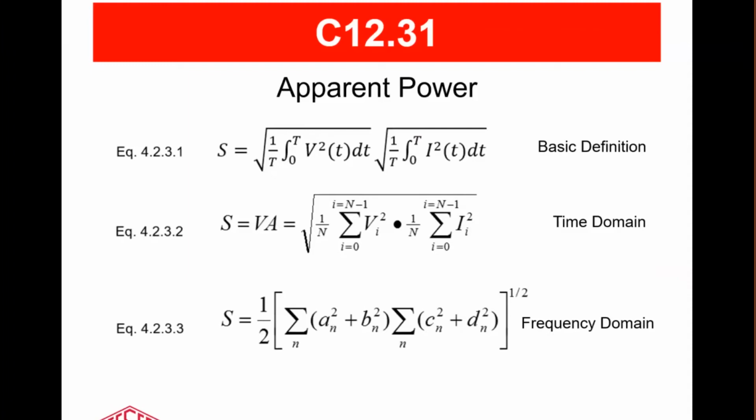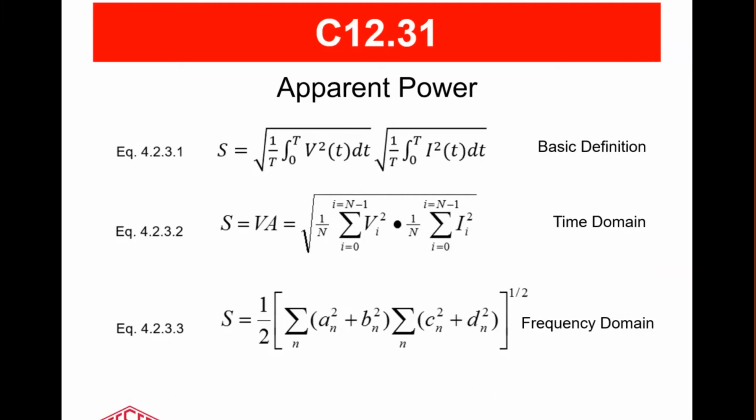So there has been a raging discussion for over a decade now about how should we measure apparent power, and how do we use it in metering?